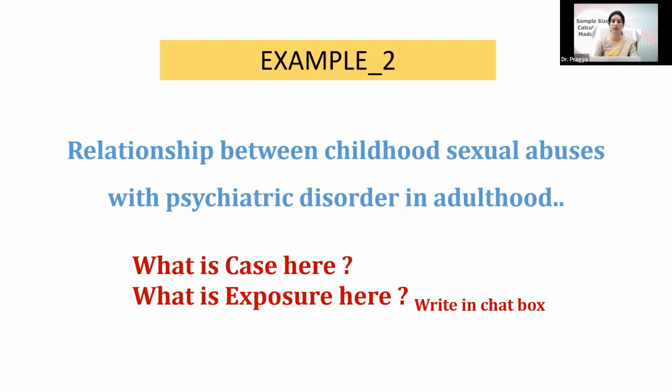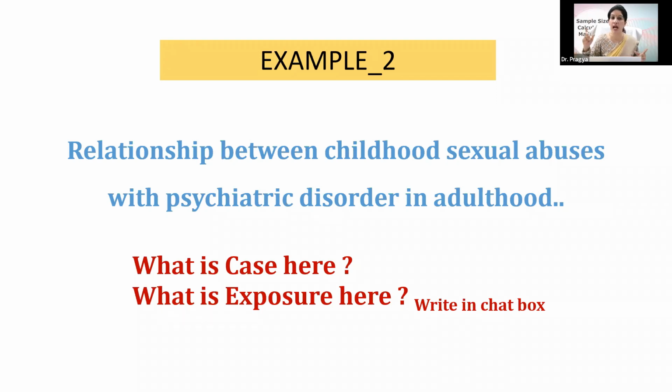Again, in the outcome, what will I write? I have to write the proportion of childhood sexual abuse in adults with psychiatric disorder. I will take adults who have any psychiatric disorder, then I'll take controls, and then I'll see how many of them had undergone childhood sexual abuse.